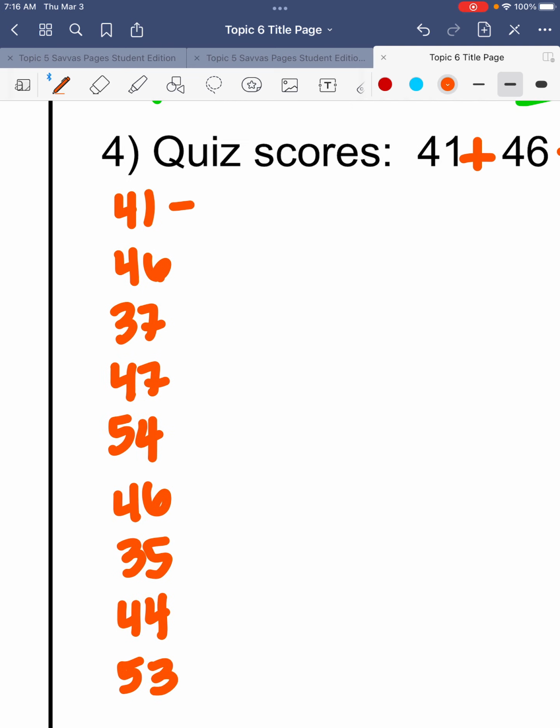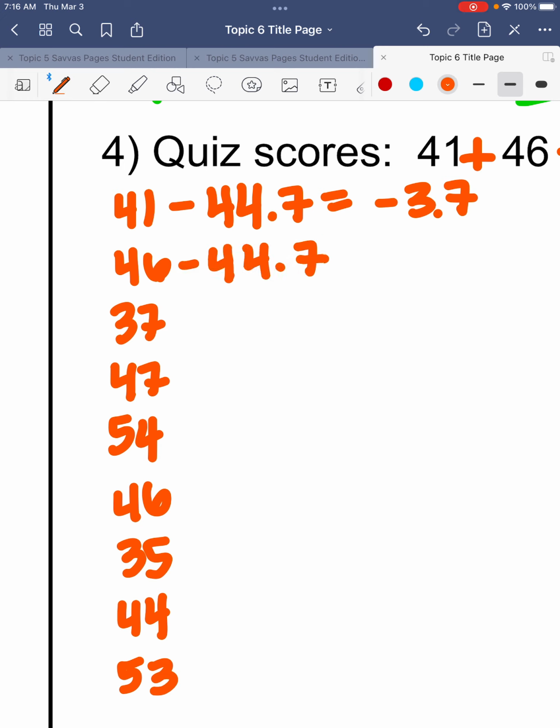So 41 minus 44.7 is going to be negative 3.7. Okay, now 46 minus 44.7 is 1.3.